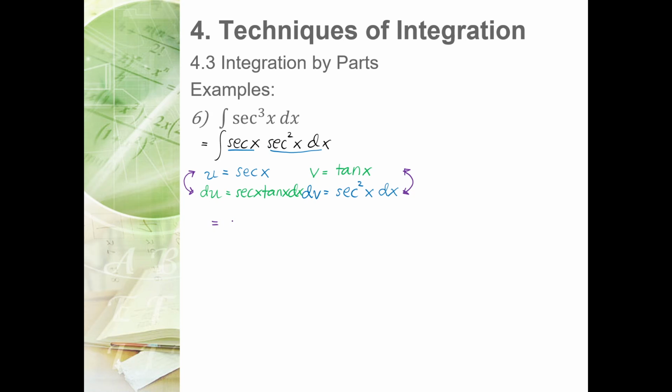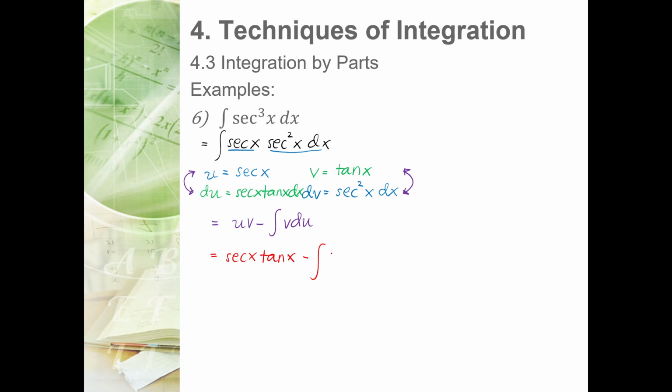Okay, so this will be uv minus the integral of v du. So uv is secant x tangent x, minus the integral of v du.